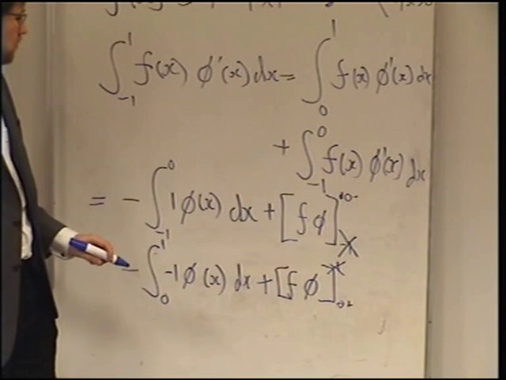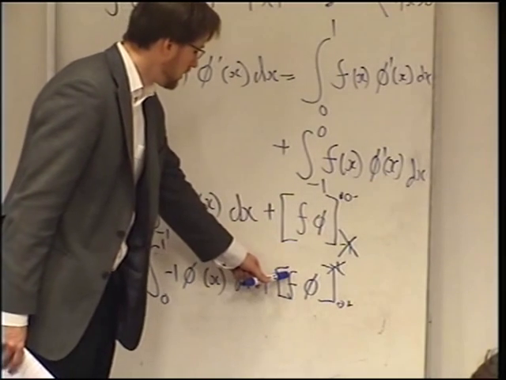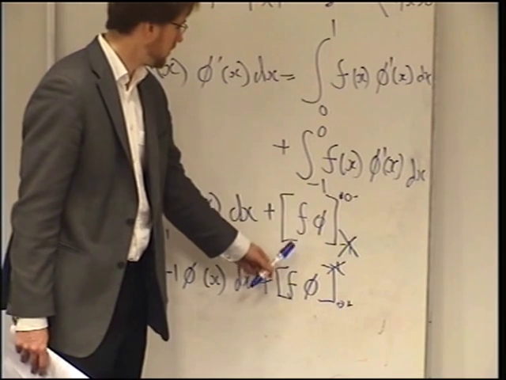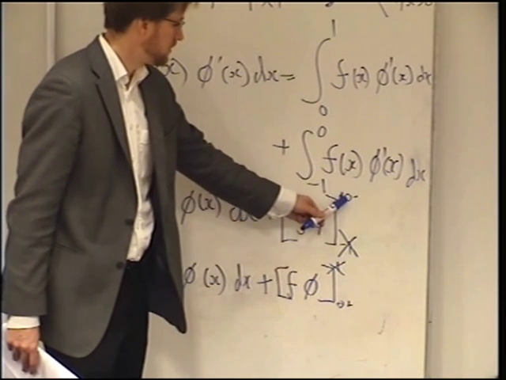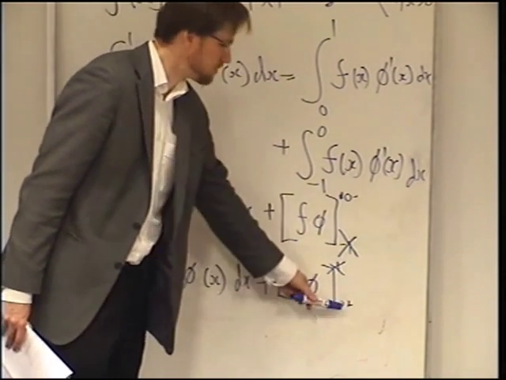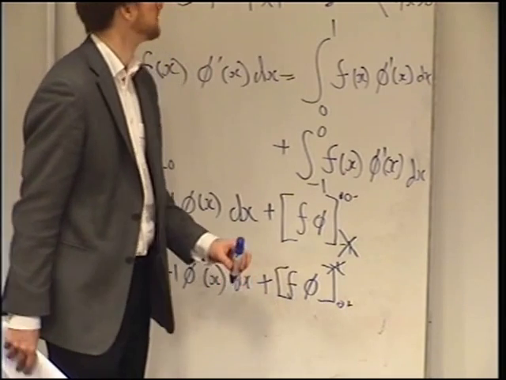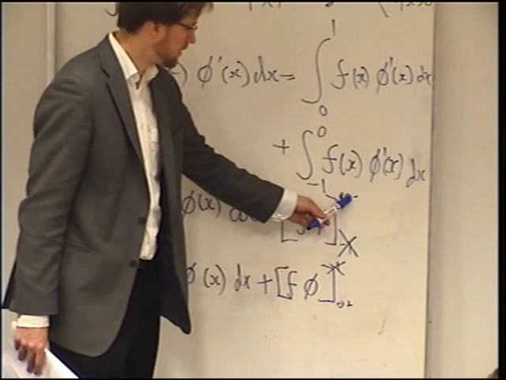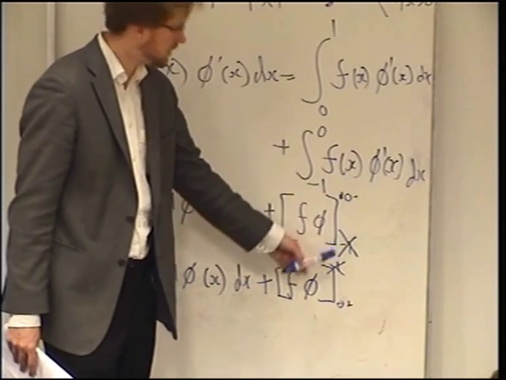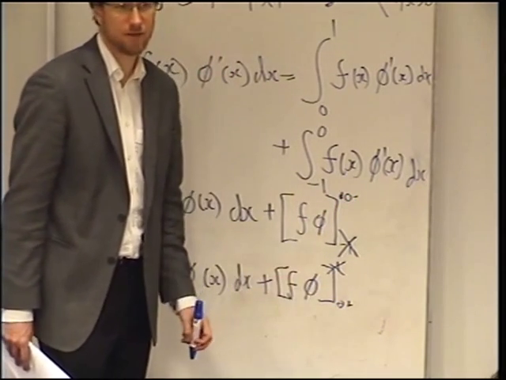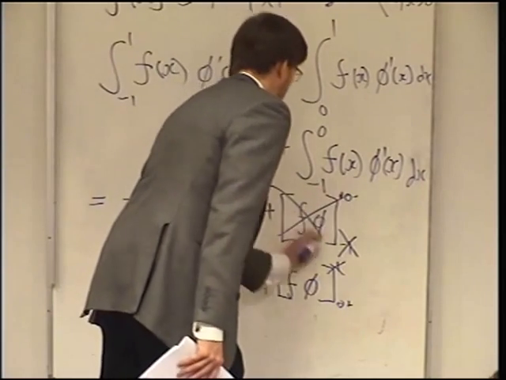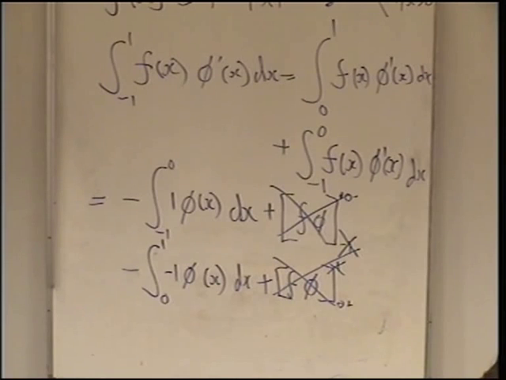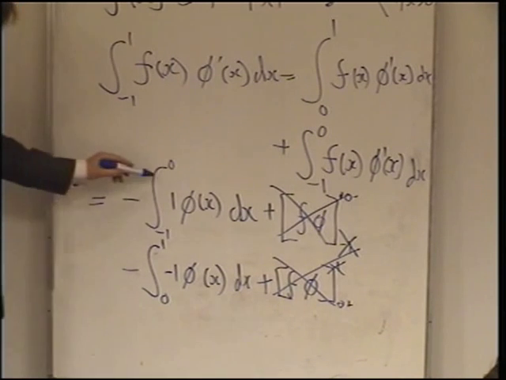And what happens to these two now is, well, f's continuous. So f at 0 from the plus side is the same as f at 0 from the minus side. And it's actually equal to 1 in both cases. And I get a +1 because this is the right-hand end of an interval, and a -1 because that's the left-hand interval. So that means that these terms are actually cancelled. So what have I got in here?